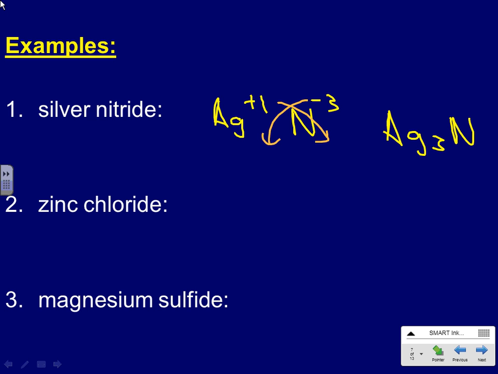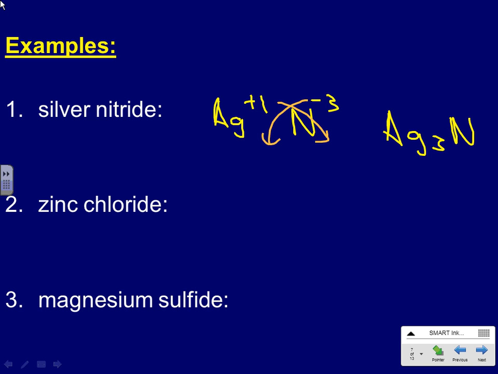From yesterday's Lewis diagrams, silver would need to get rid of 1, nitrogen needs 3. You remember how we did that? That's where it comes from. So the negative charge, as soon as you crisscross it, turns into the number of atoms of that type. So no negative written in there.